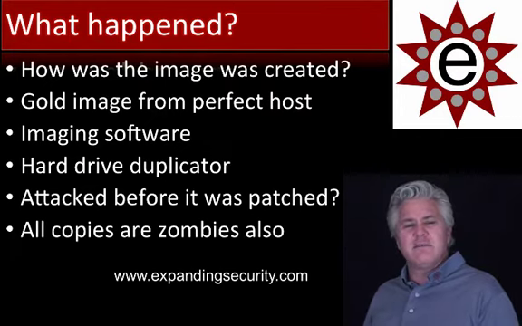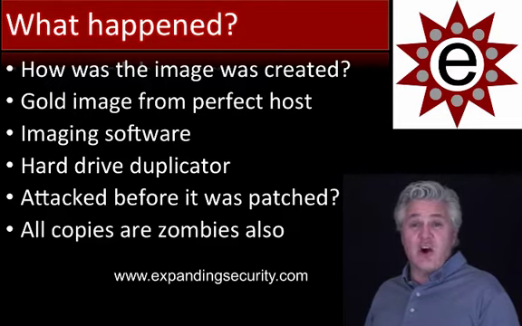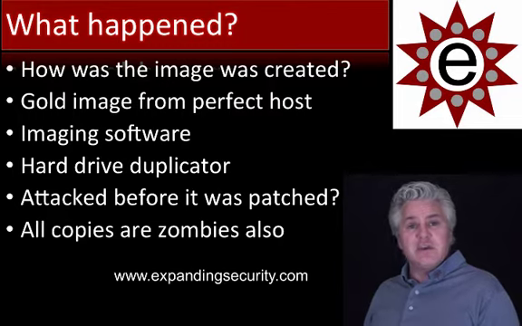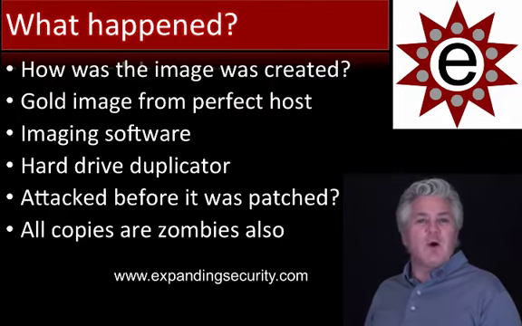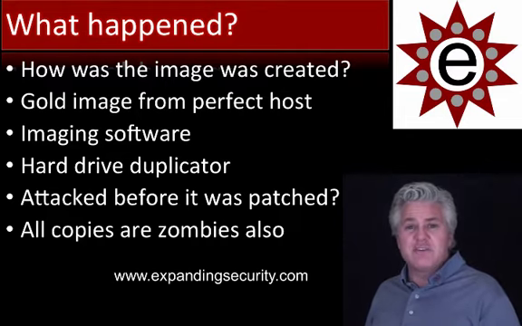So what happened? Well, I started asking myself, how was the image created for this machine? How was the host actually installed? A lot of times what we do is we create a gold image from the perfect host on our network, from the perfect workstation, and then we image it to all these other machines. And we use imaging software, we use hard drive duplicators.